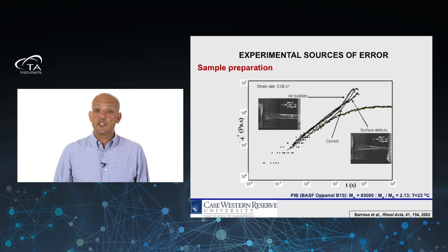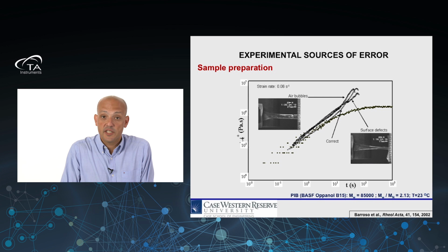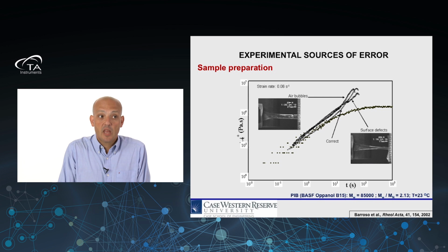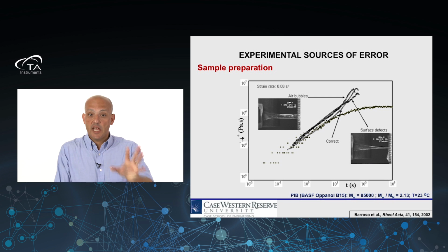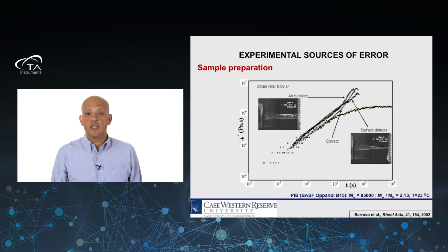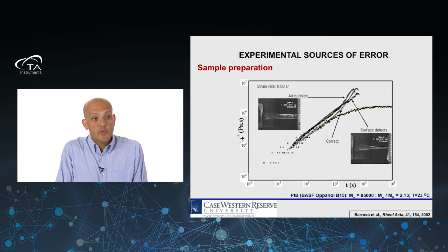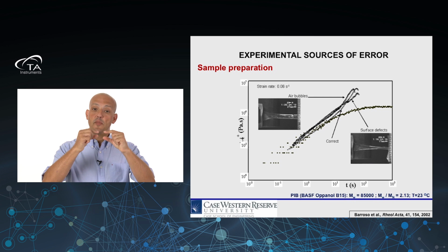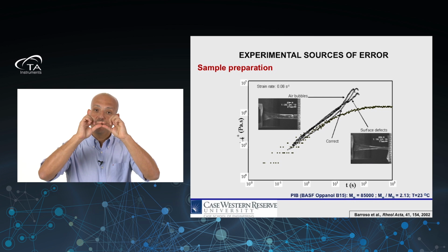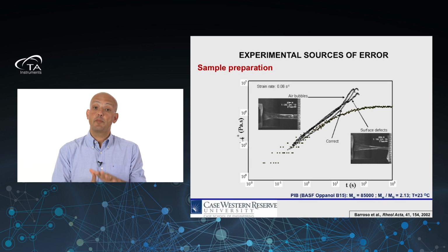So for example, it's critical that sample preparation is done correctly. Typically, for this type of instruments, the SER and the EVF, we have not cylindrical samples, but little sheets or little slabs that are typically compression molded.